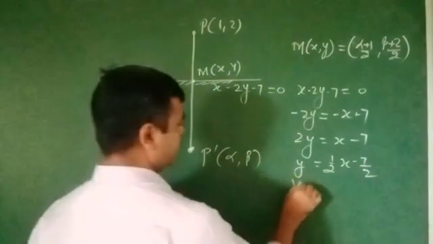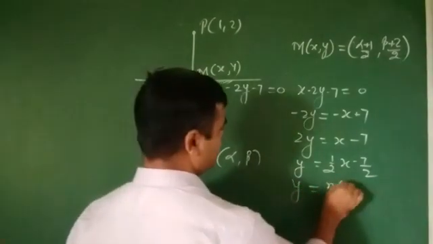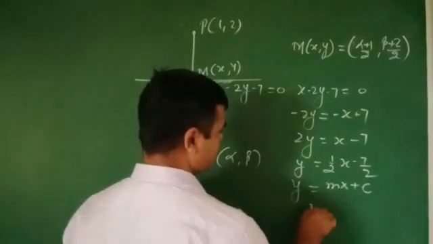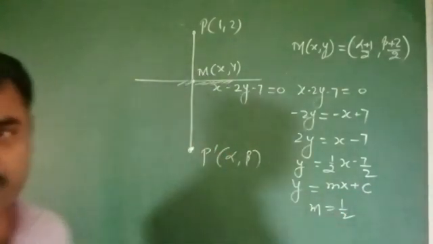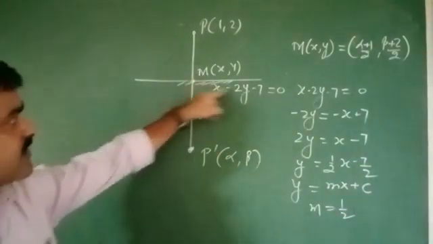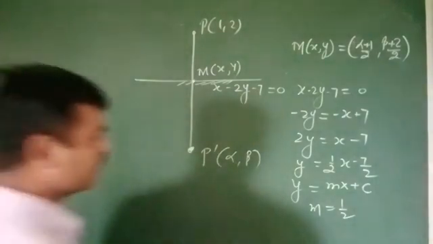If we compare this with y = mx + c, then m = 1/2. Here the slope of this line is 1/2.